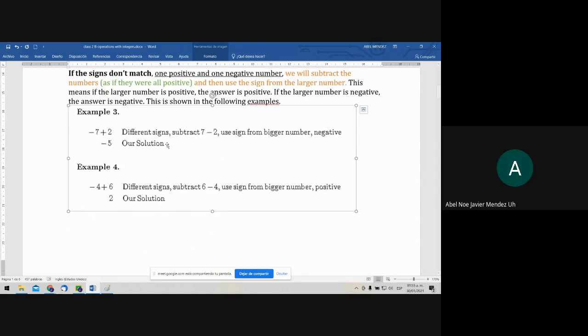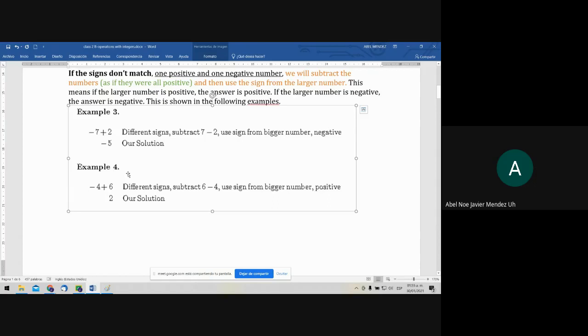Our solution is negative 5. If we have an addition of numbers with different signs, subtract the numbers, the big number minus the small number, and keep the sign of the larger number.